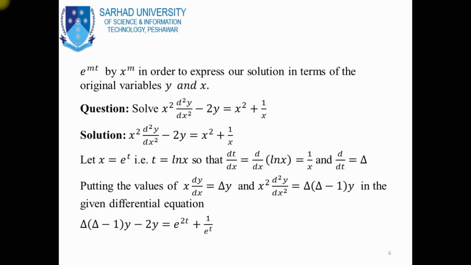Now in this video lecture, first of all, we convert the Cauchy-Euler differential equation into a higher order linear non-homogeneous differential equation with constant coefficients. After converting, we will find the two solutions, complementary solution and particular solution, and then the overall general solution will be the complementary solution plus the particular solution.